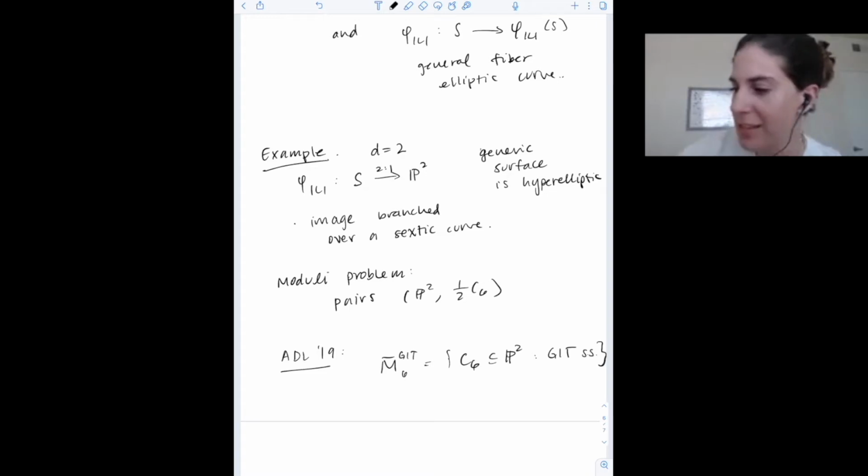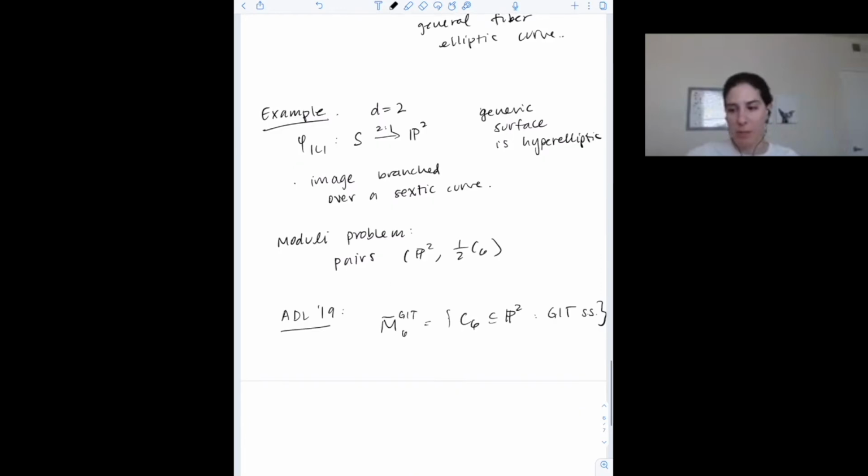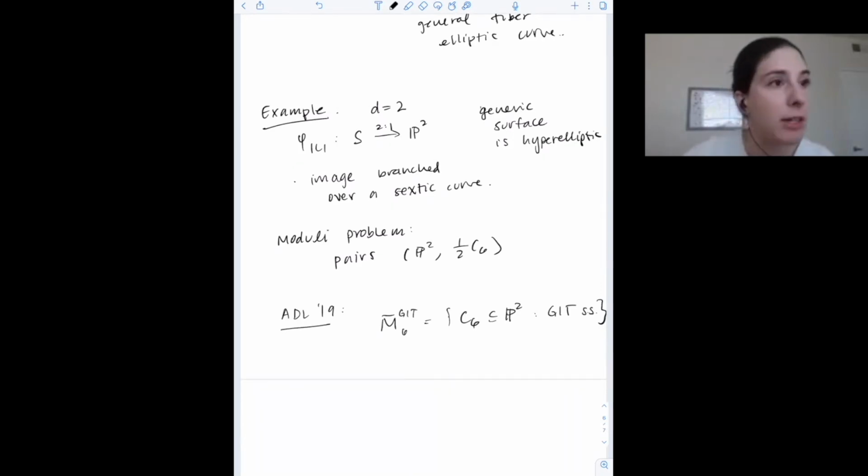I'm writing this set-theoretically, and also being a little sloppy about space versus stack, but in any case we could define the GIT moduli space, and we show that this GIT moduli space, perhaps from the point of view that I was describing earlier about K-stability looking very similar to GIT, happens to be a K-moduli space.